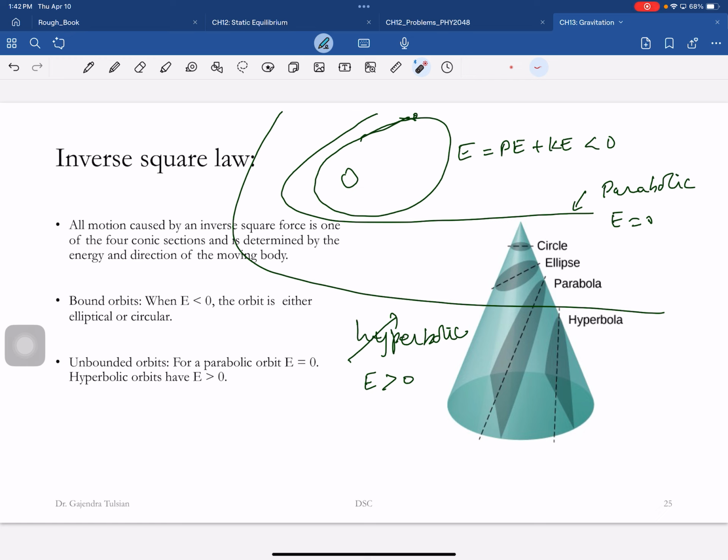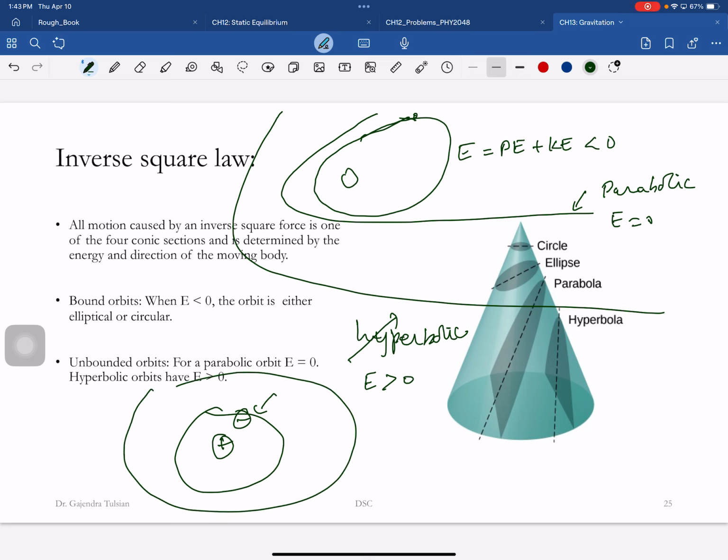Well, all electrons in an atom, their total energy is less than 0, and they're bound to the nucleus. So the total energy of this electron in the ground state in the hydrogen atom is negative 13.6 electron volts.